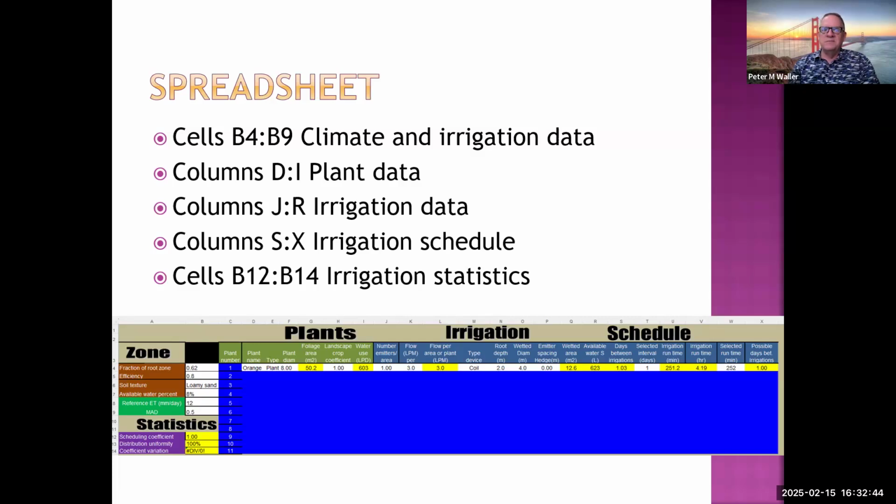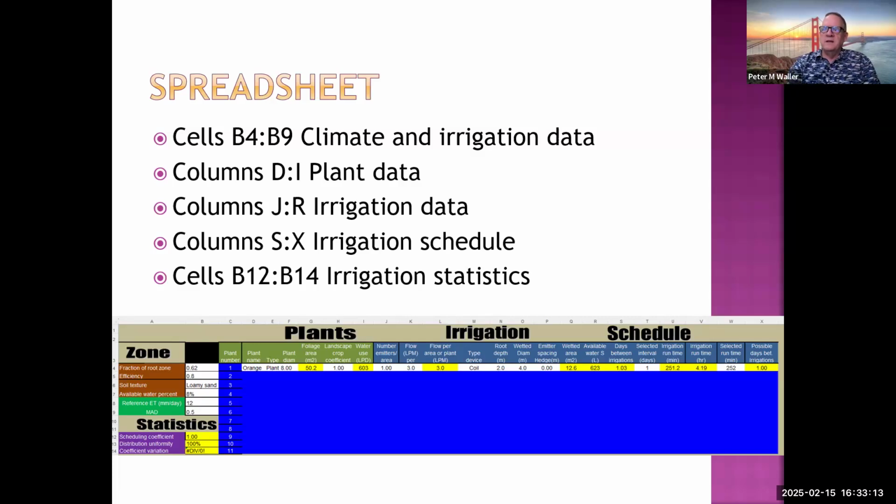Remember, that could be used here for the liters per day requirement, or it can be used over here to increase the irrigation runtime to account for the lack of efficiency. Cell B7 has the available water capacity, or the AWC. Cell B8 has the reference evapotranspiration rate. And cell B9 has the management allowable depletion.